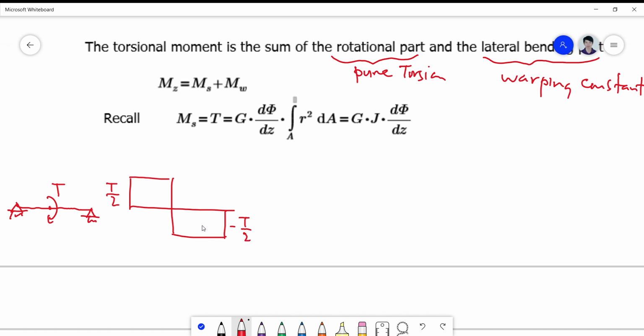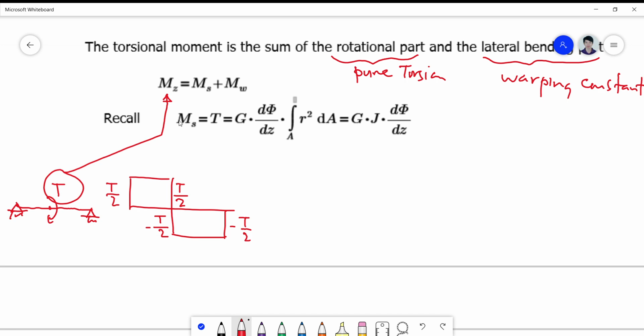So this will be your total torsional moment T equivalent to your total moment, say.